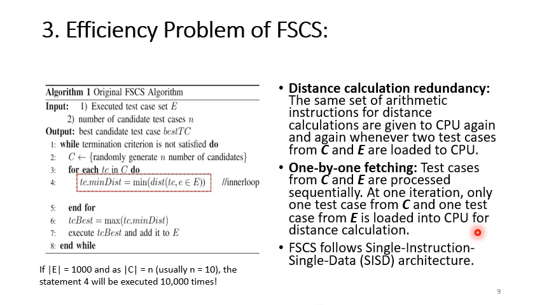At one iteration, only one test case from C and one test case from E is loaded into the CPU for distance calculation. Both one-by-one fetching and distance calculation redundancy are the characteristics of single instruction, single data CPU processing architectures. Hence, the current implementation of FSCS follows SISD architecture, and this is the main reason for its low efficiency.